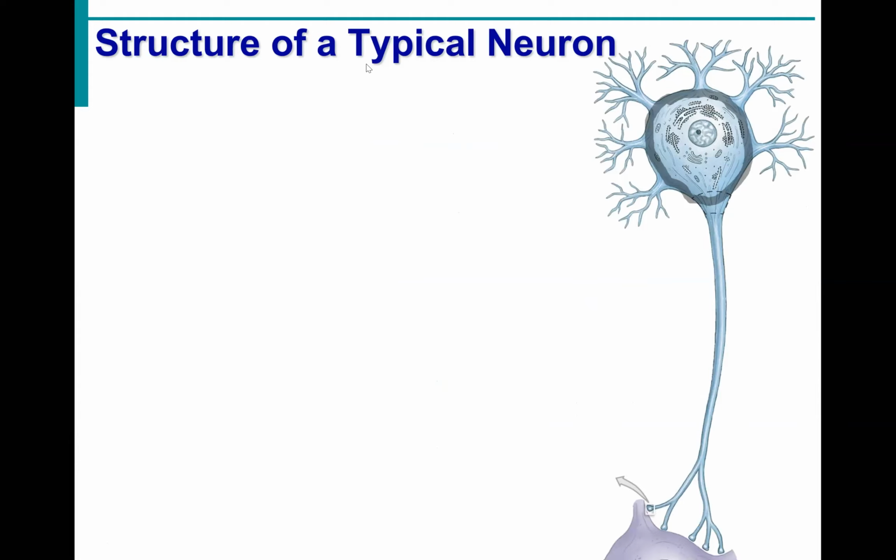Notice there are 2 main types of processes. There are the short, elaborately branched processes, and there is this long, singular, unbranched process. We talked about this when we were talking about the muscle systems. These short, elaborately branched are what we call the dendrites. And that one single unbranched one is what we call the axon.